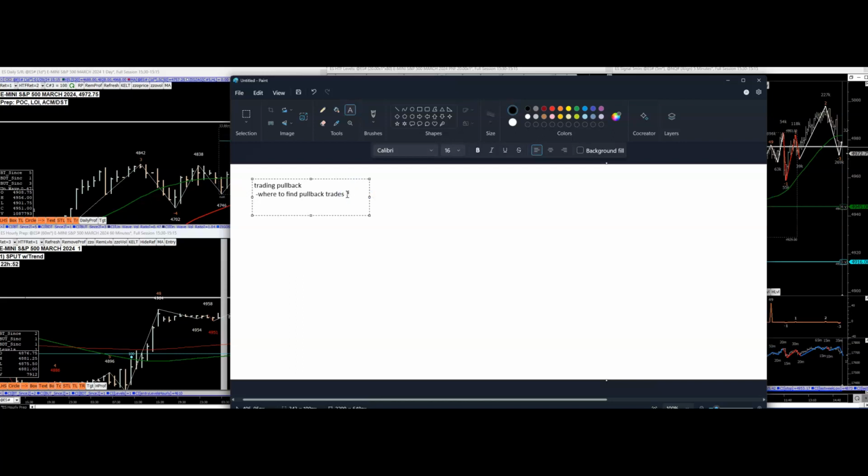All right, now when we think about where to find pullback trades, we need to identify where price will pull back and potentially turn back up, or down if it's in a bear trend. And how to plan for it.